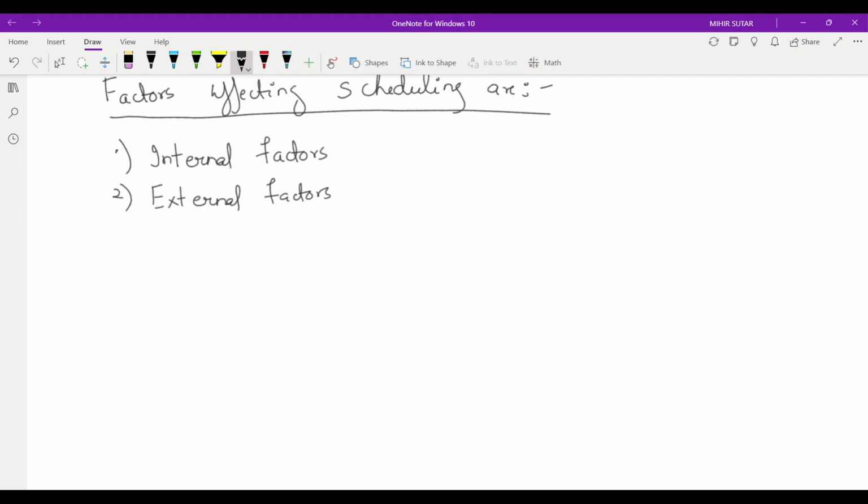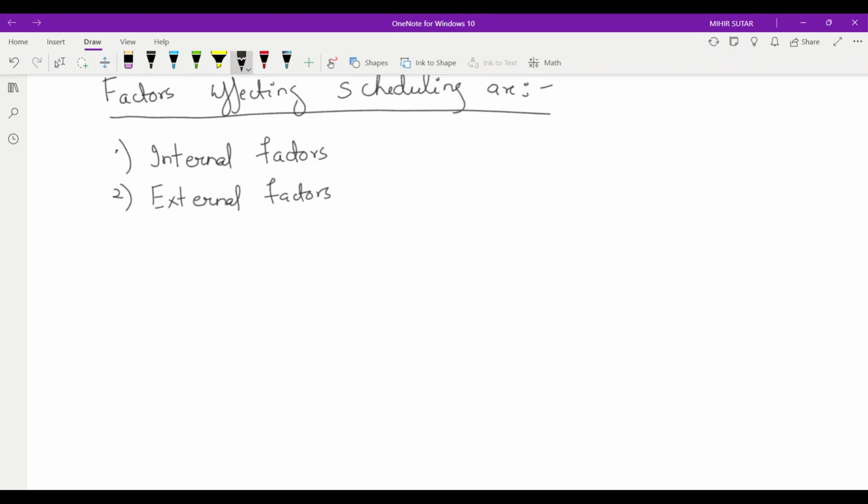Internal factors means the inventory you have with you, and the time you require to manufacture each component. Then the assembly time, then the final assembly. All these come under internal factors. Even the equipment available within the plant itself, so that you can manufacture it.